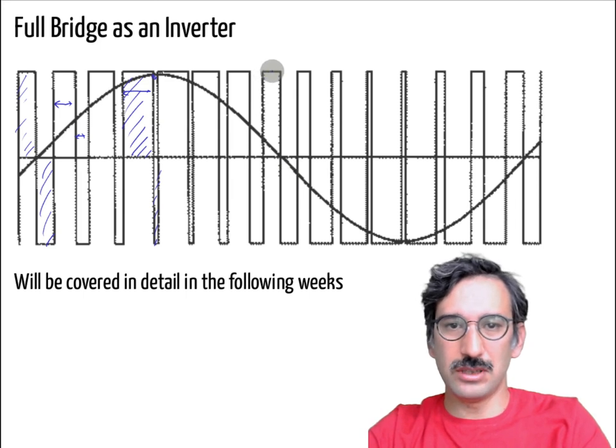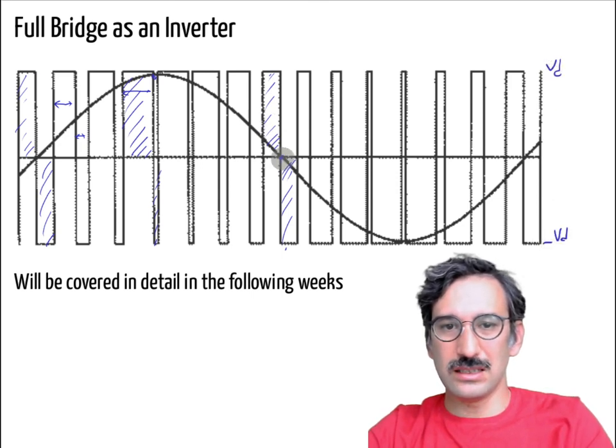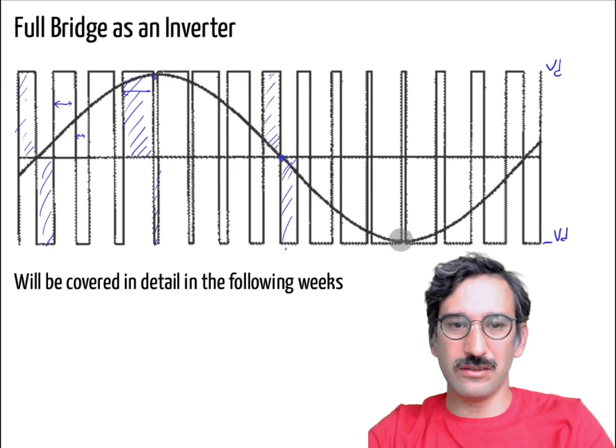In bipolar voltage switching, you can generate either VD or minus VD. So at the zero value, again they are close to each other. Once you go to negative regions, the negative voltages are much higher than the positive regions.